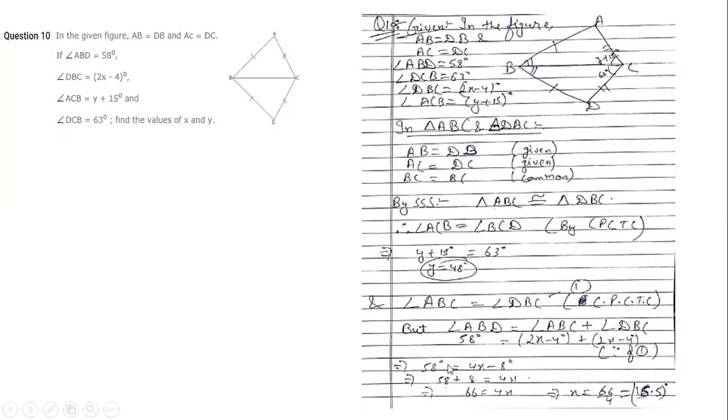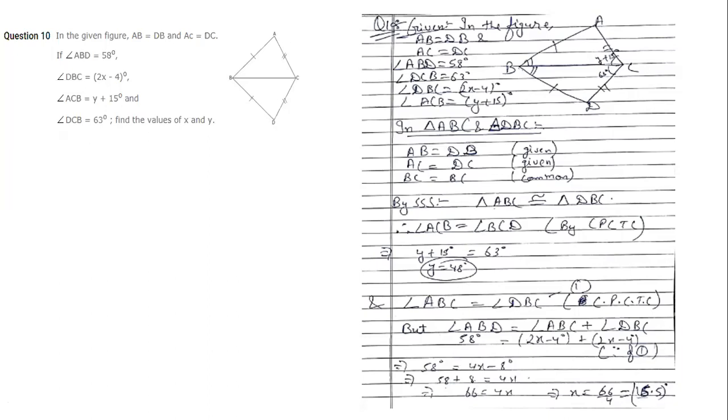So 58 degrees is equal to 4x minus 8 degrees. Take this 8 to the left hand side, 58 plus 8, 66 is equal to 4x, and divide this 66 by 4, we get 16.5 degrees as the value of x.